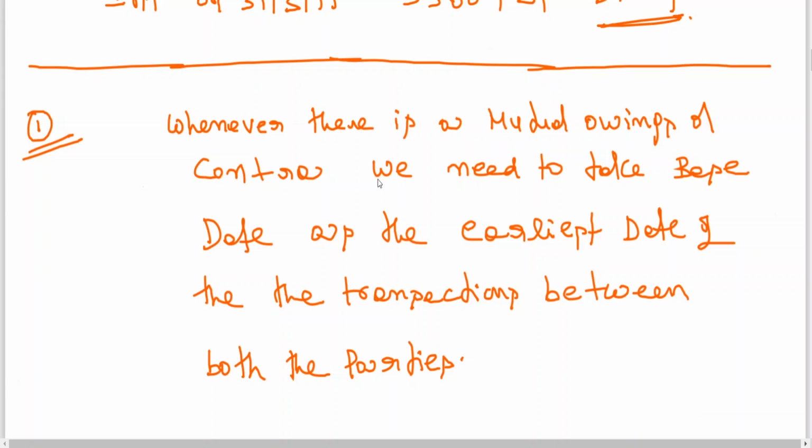Whenever there is a mutual owings or contra, we need to take the base date as the earliest date of the transaction between both the parties.